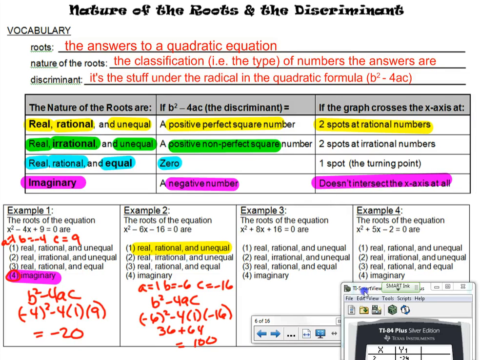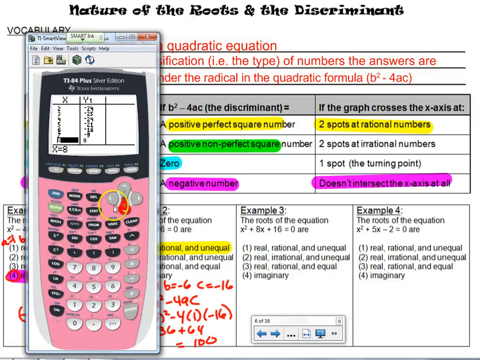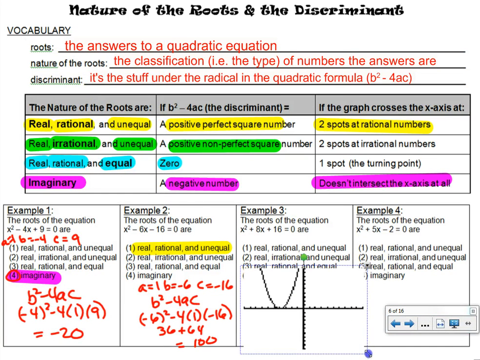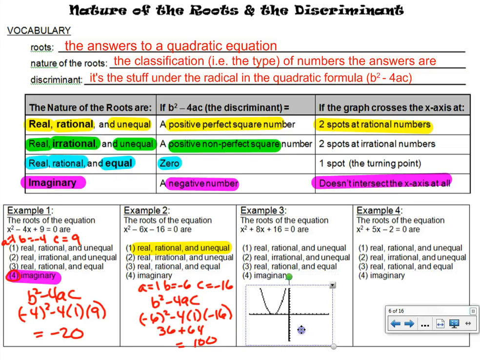Let's see what happens with that. Okay, so for this graph, we could zoom in on it, but it is in fact hitting at one place.